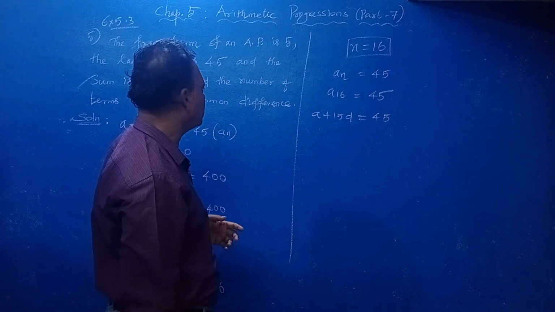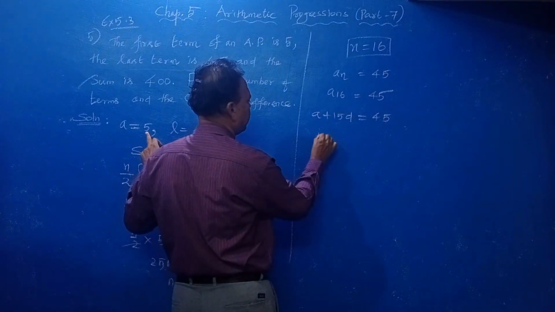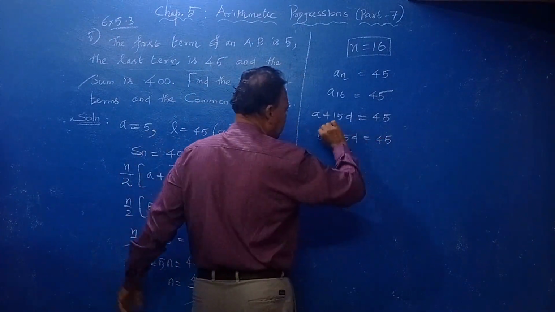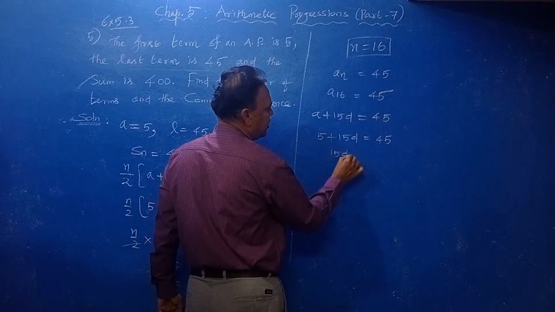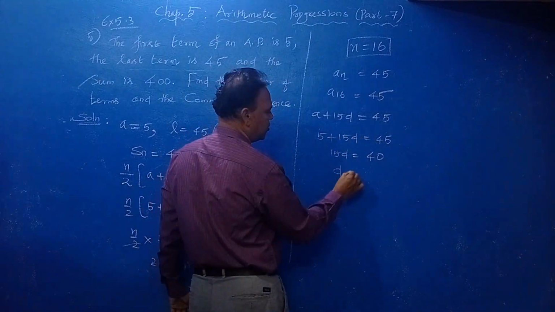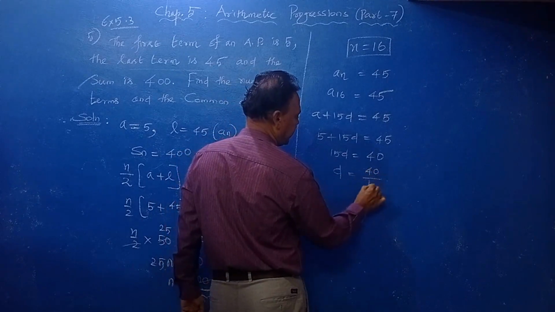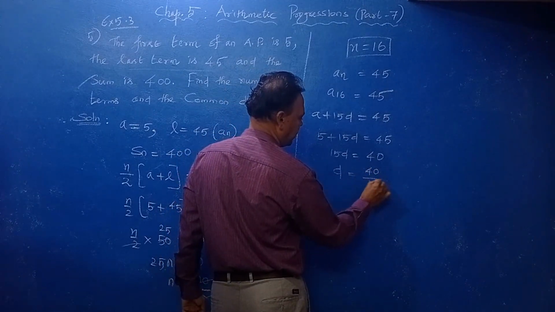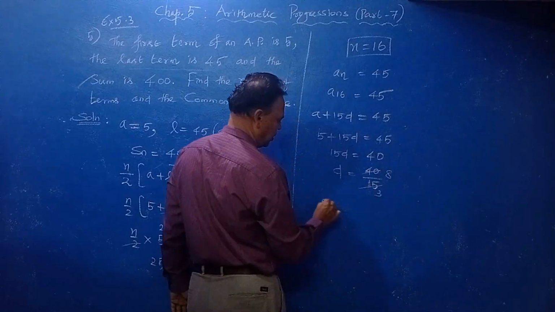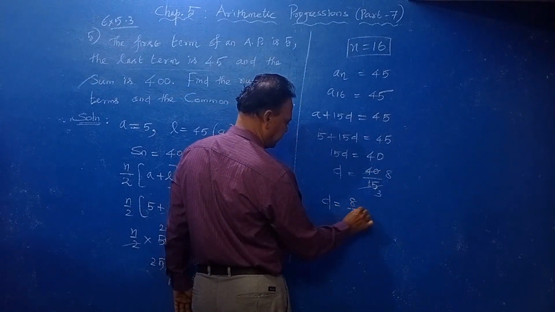Clear? Now A is 5. 5 plus 15D equal to 45. Bring this 5 this side. That means 15D equal to 40, 45 minus 5. Therefore, D equal to 40 by 15. In the 5 table, 3 times, this will go 8 times. So D equal to 8 by 3.